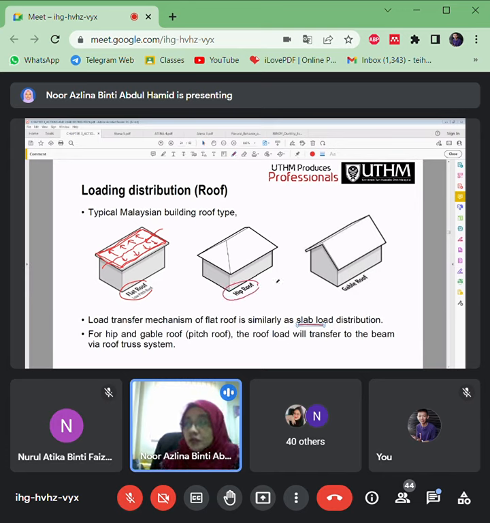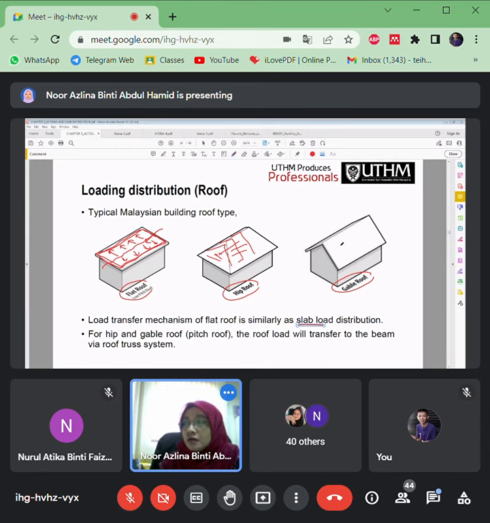Then there are also the hip roof and gable roof. This type of roof, the hip and gable roof, consists of truss members inside it that will hold and support all the metal deck systems here.